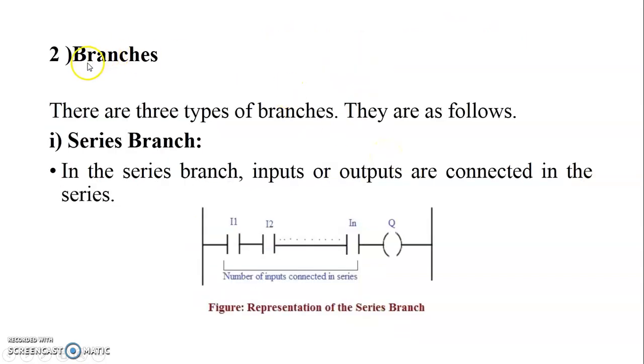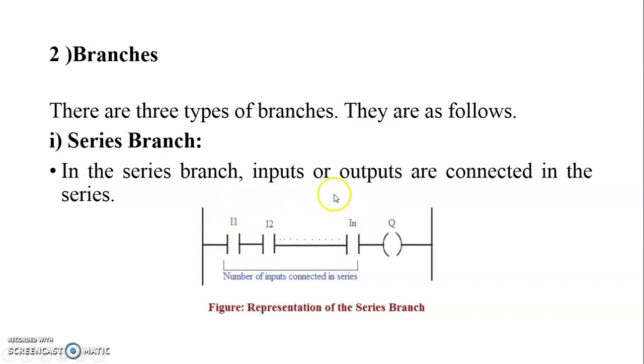The next part is the branches. There are 3 types of branches. The first one is the series branch. Here inputs or outputs are connected in series. In this particular figure, inputs are I1, I2 and so on up to IN.